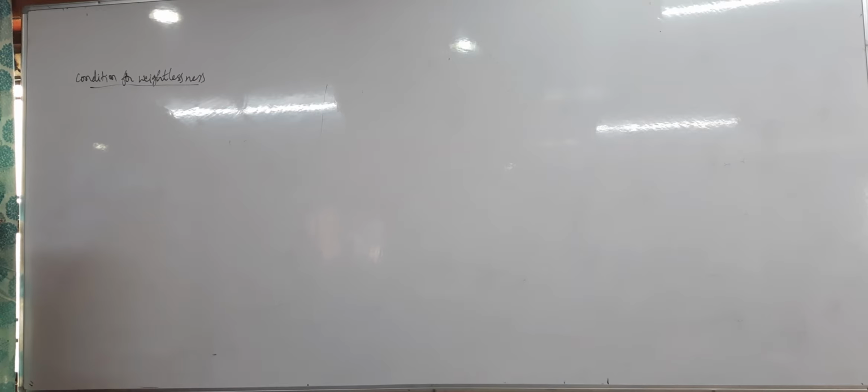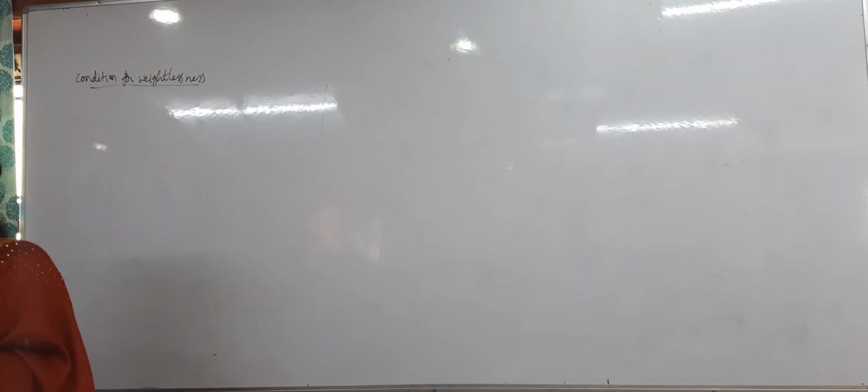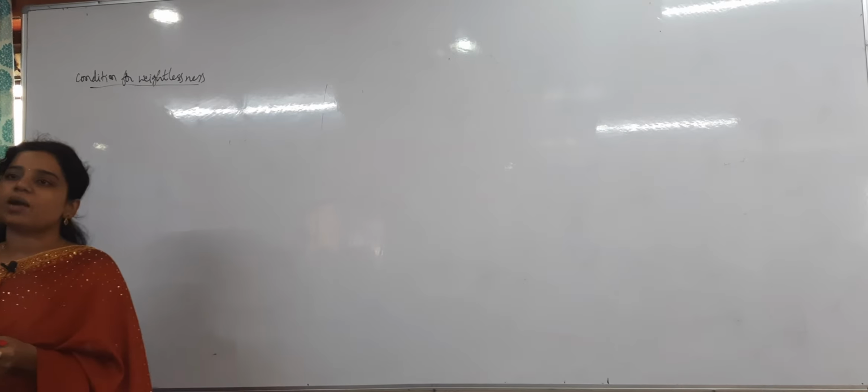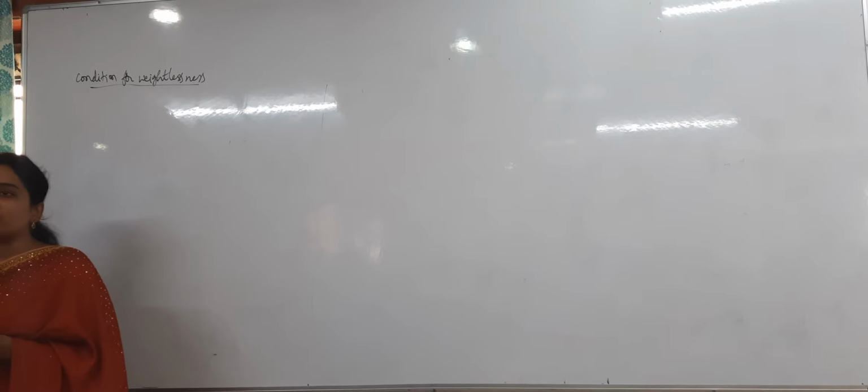What do you mean by weightless? There is no weight, nothing but there is no mg, right? So the condition for weightlessness is about the apparent weight. We are discussing the apparent weight here.